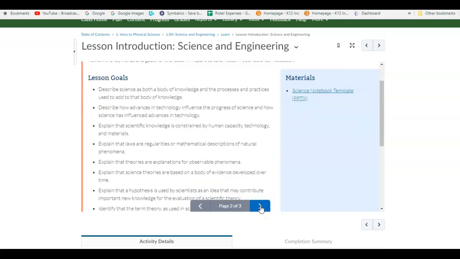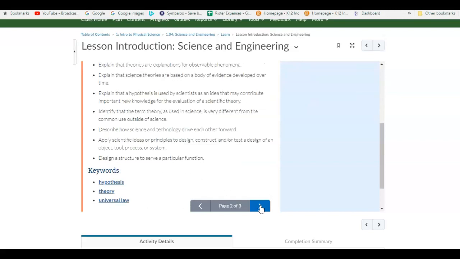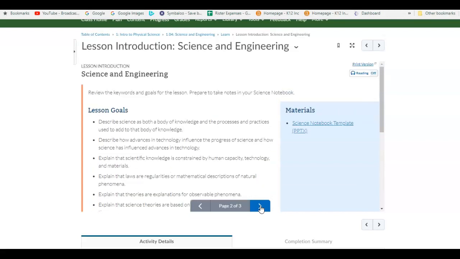So here are our lesson goals. There are quite a few in this lesson. You're talking about setting up an experiment, just getting some of those terms in with you. So you're describing science as both a body of knowledge and the process and practices used to add to that body of knowledge. You're describing how advances in technology influence the progress of science and how science has influenced advances in technology.